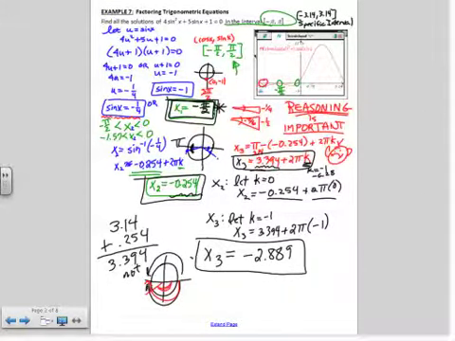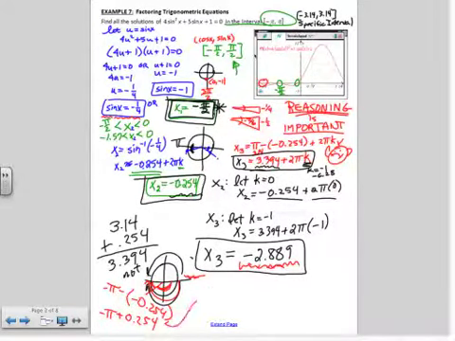If I take negative pi and subtract negative 0.254, that would be negative pi plus 0.254, which gives me this thing right here. And when I was saying adding, I meant adding it as the reference angle, the absolute value. Remember that reference angles are always positive acute angles. They're between 0 and 90 degrees, or 0 and 1.57 when we're dealing with radians.